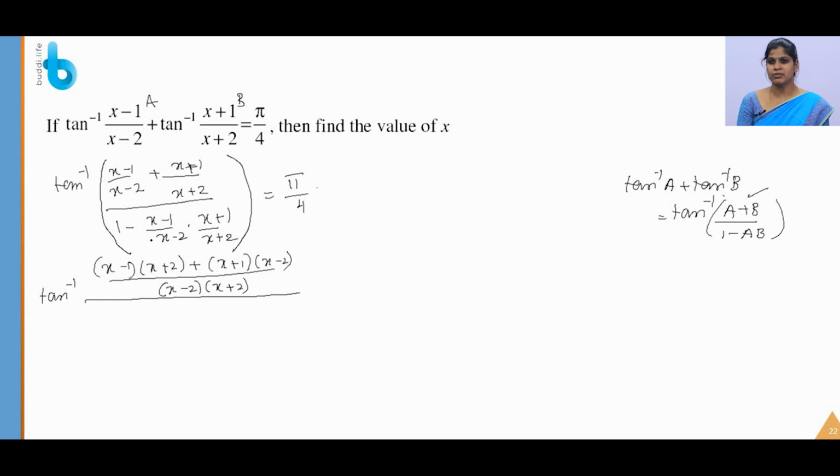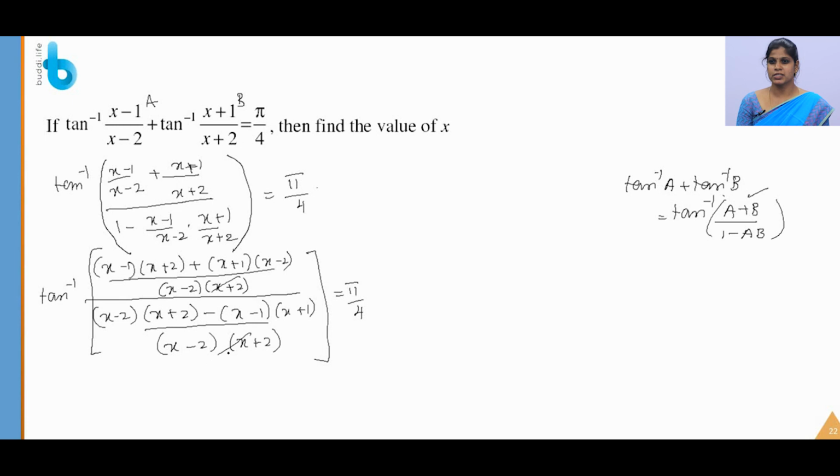Now take LCM for the new denominator, that is (x minus 2) into (x plus 2) minus (x minus 1) into (x plus 1), the whole divided by again (x minus 2) into (x plus 2), equal to pi by 4.